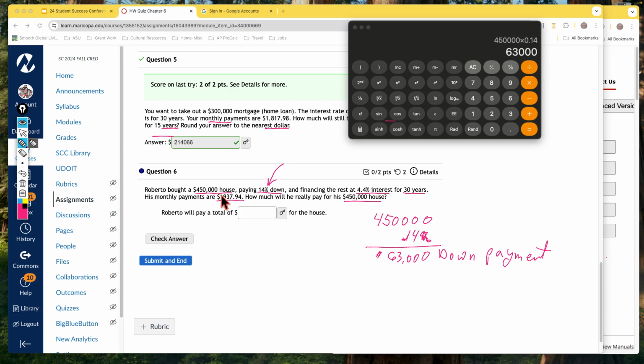For 30 years, he made monthly payments of $1,937.94. And how many payments was that? 30 times 12, 360. So this is how we paid back.